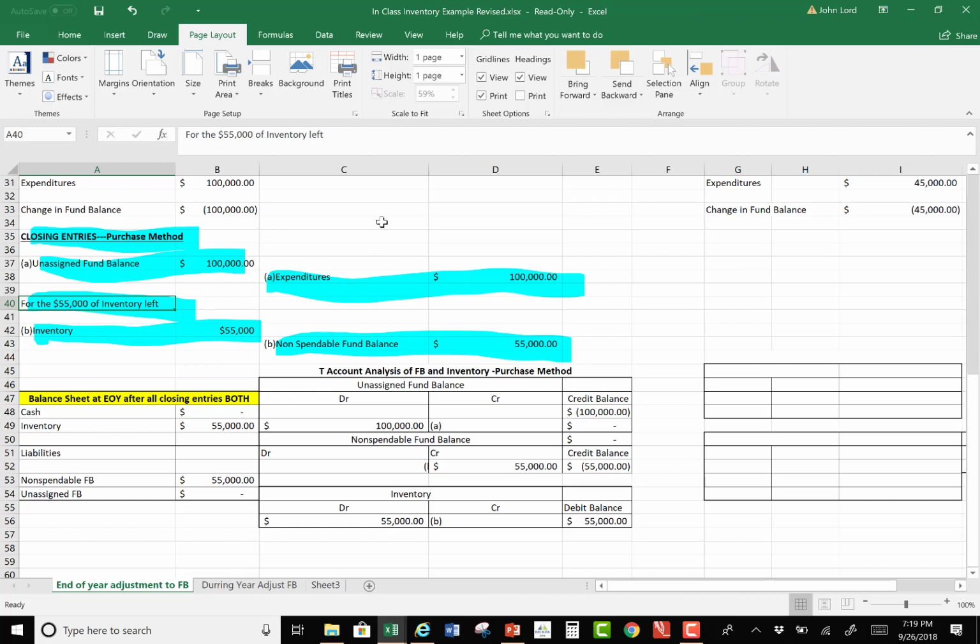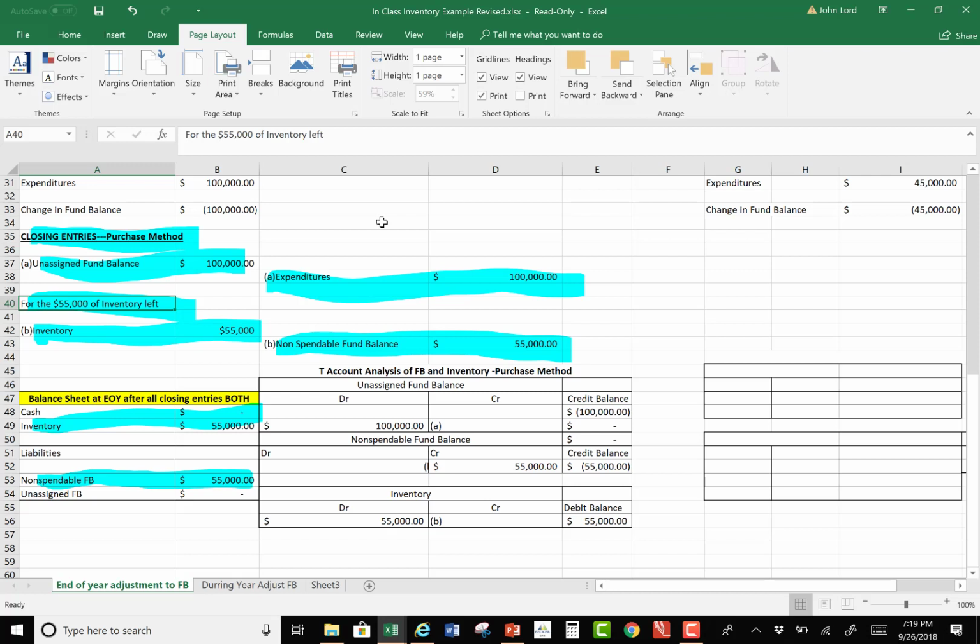Do they match now? So when I prepare the balance sheet, I have what? My cash is 0 now because I credited cash, didn't I? My inventory is 55,000. My unassigned fund balance is now 0 because I closed it out when I did the expenditure. I debited the unassigned fund balance and credited the expenditure. So that's now 0.